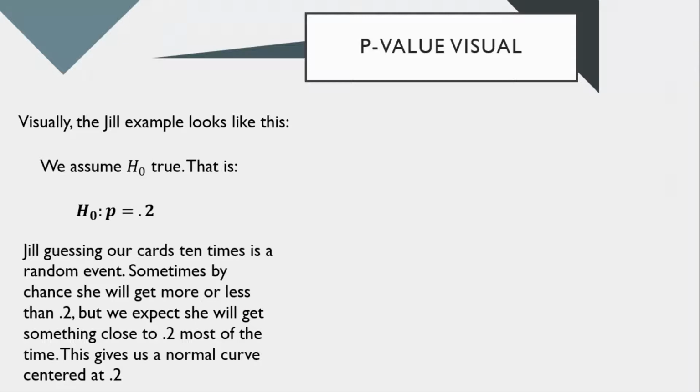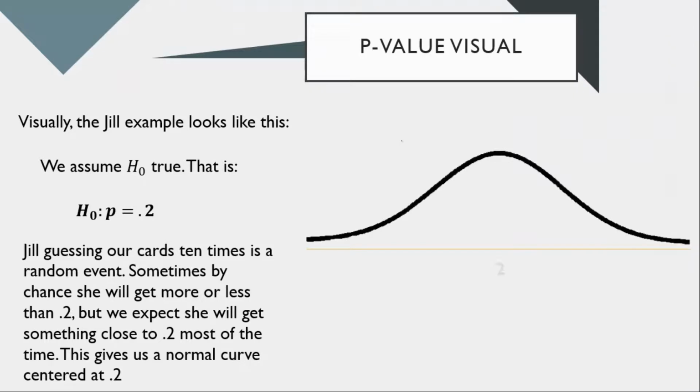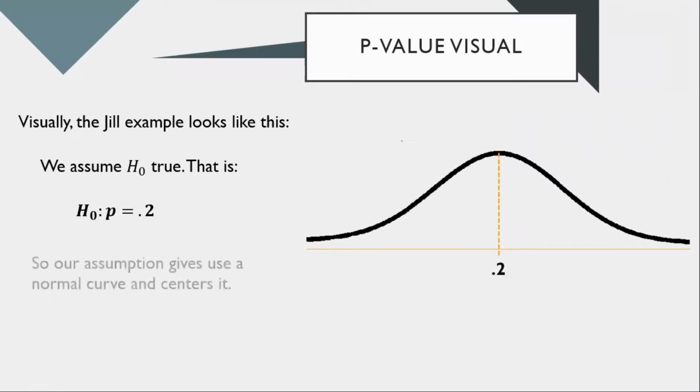It's easier for her to guess a couple more right than it is for her to guess a bunch more right than she should. So we have a normal curve that is centered at 0.2. So our assumption gives us this normal curve and tells us where it's centered.